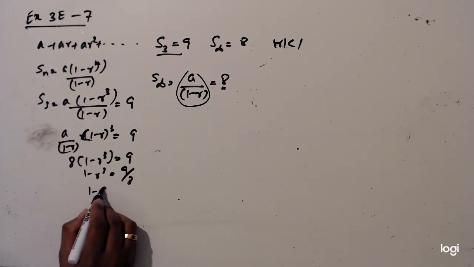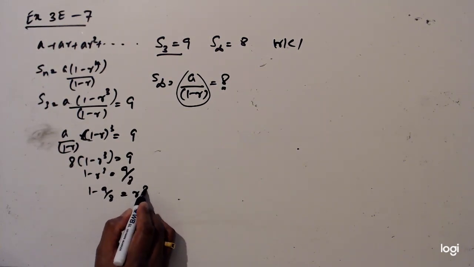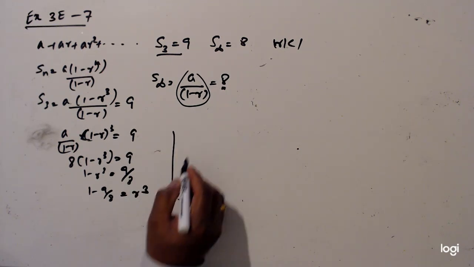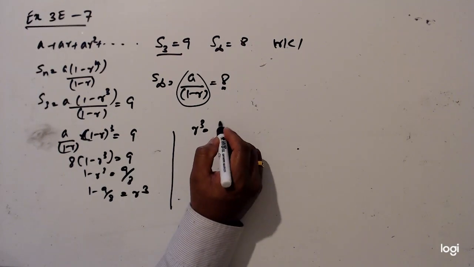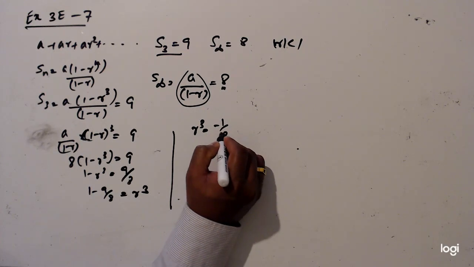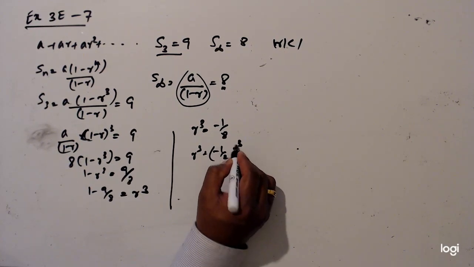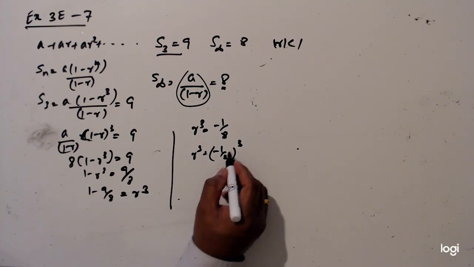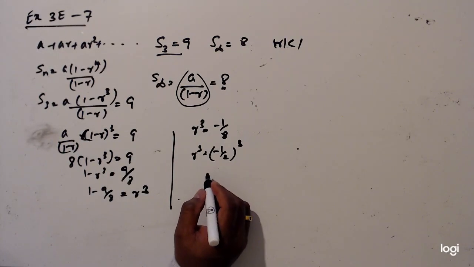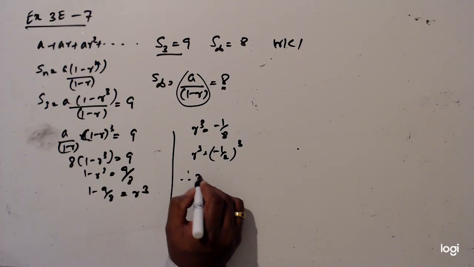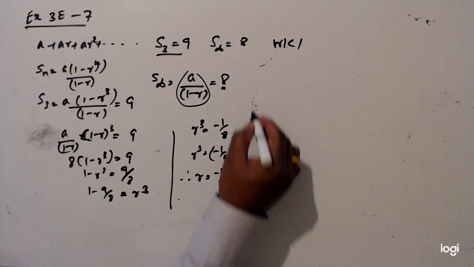So 1 minus 9 over 8 equals r cubed. It means r cubed equals minus 1 over 8, that is minus half to the power 3. Hence r equals minus half.